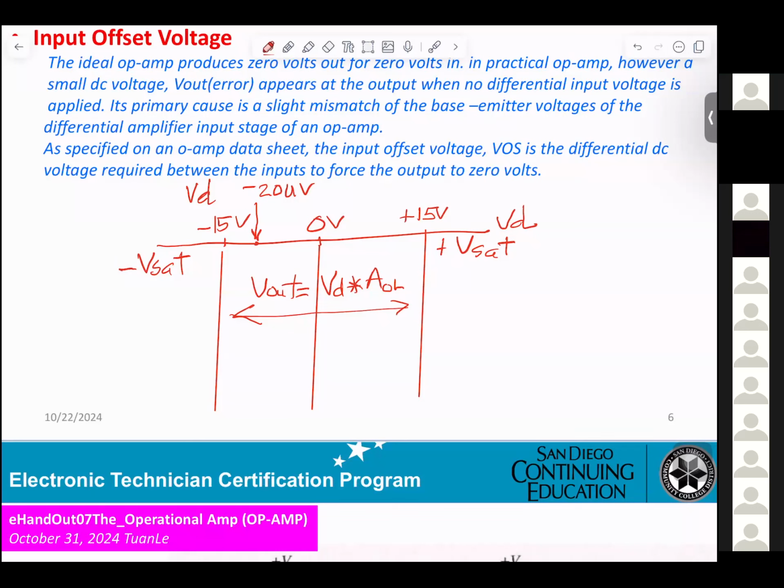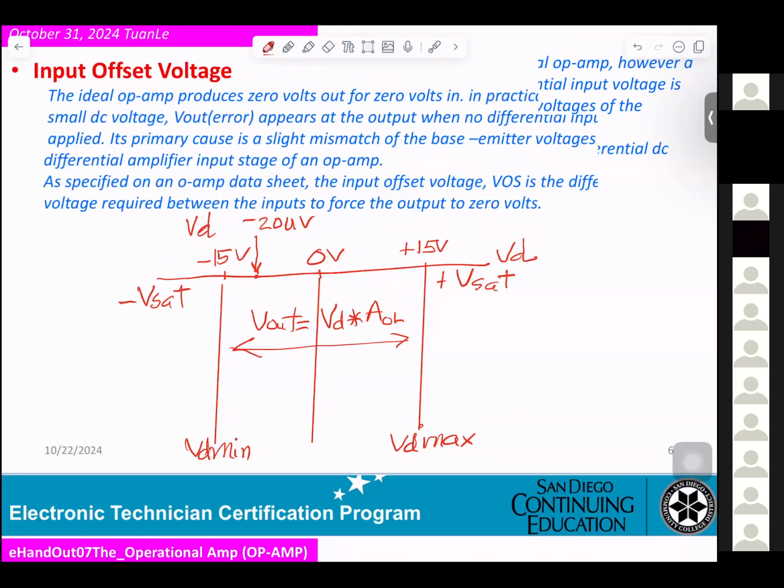However, if the VD is higher than this VD maximum, or lower than VD minimum, then the output can go to positive saturation or negative saturation.